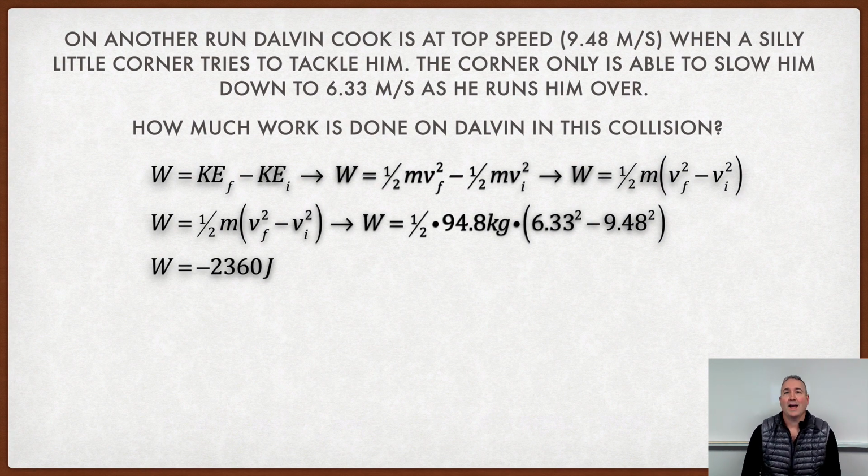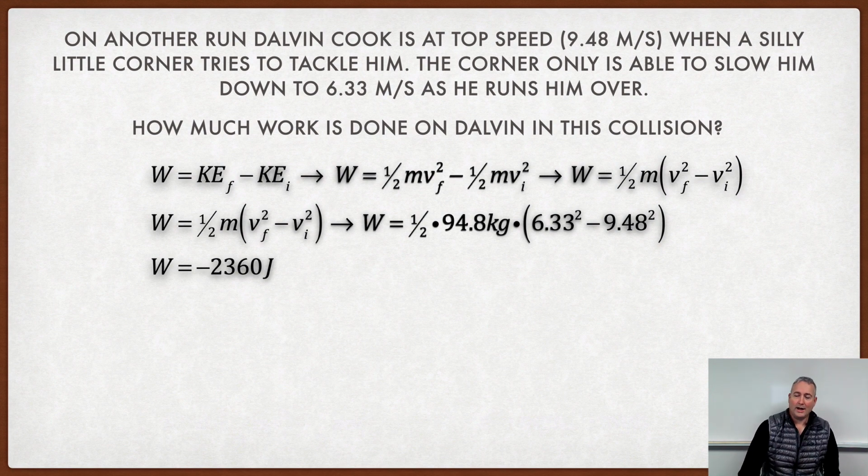So take half of that and multiply that by the difference of 6.33 meters per second squared minus 9.48 meters per second squared. And we get a work done by the cornerback of negative 2,360 joules. That is the decrease in Dalvin Cook's kinetic energy, that means the work has been done to slow him down. So the work that he's capable of doing has diminished by 2,360 joules.